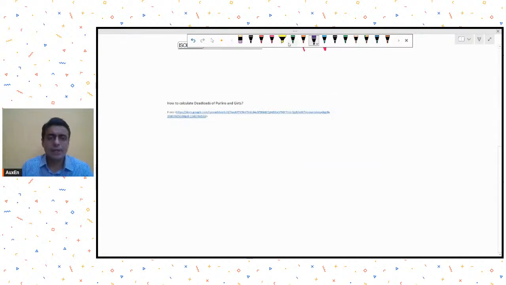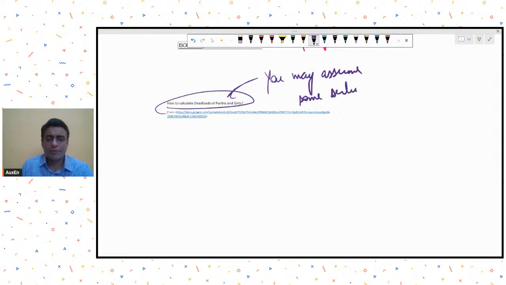So I guess the answer is it looks simple: for this you may assume some section to begin with. If you have not finalized the design, most people by experience know what sort of section for purlin and girts they may require.